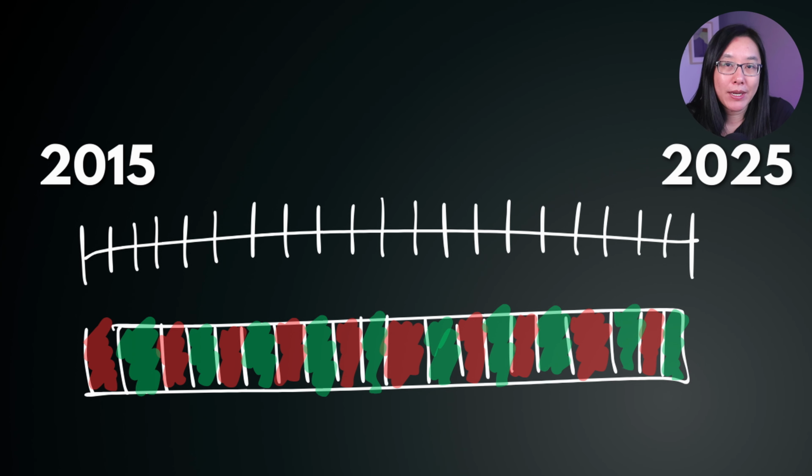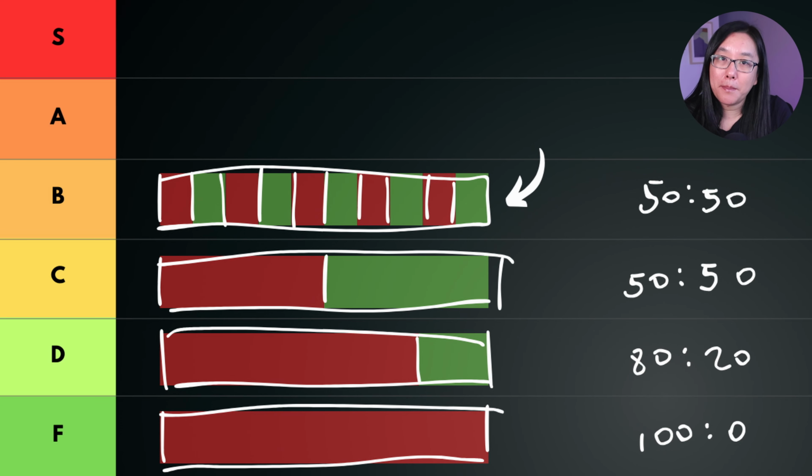It alternates between in-sample and out-of-sample data. And if you add them all up, it still takes up half. But because we're taking smaller chunks of data with some older data, some new data for both our in-sample and out-of-sample, this is better than just straight 50-50. So this goes here into B tier.